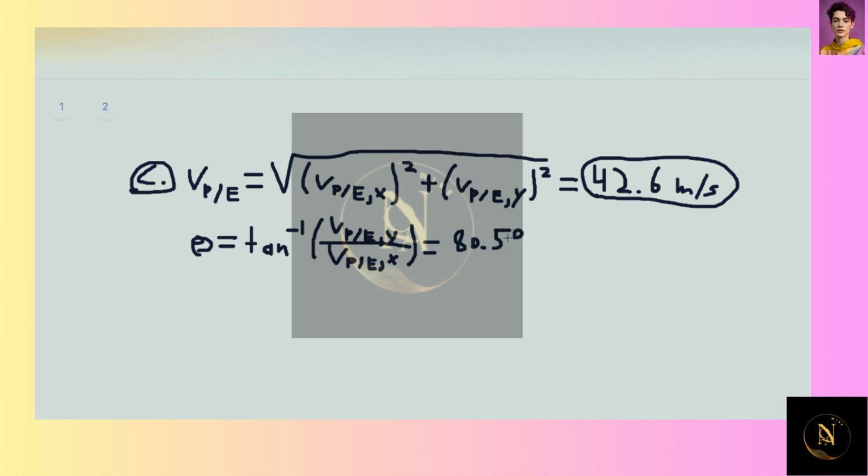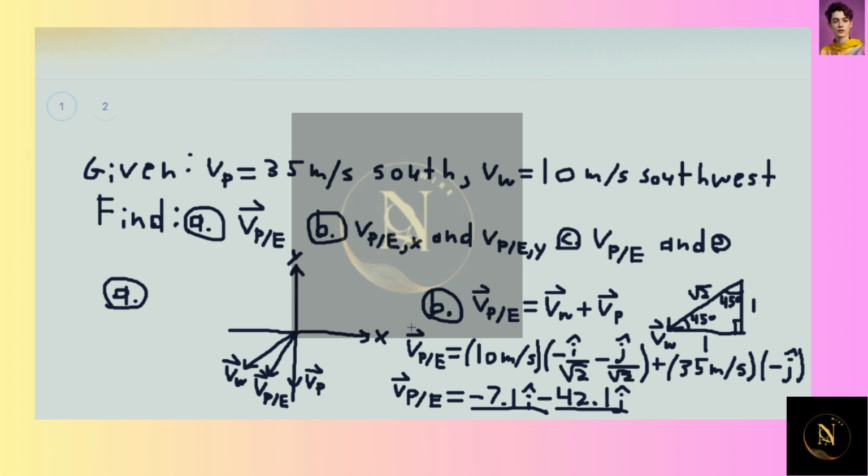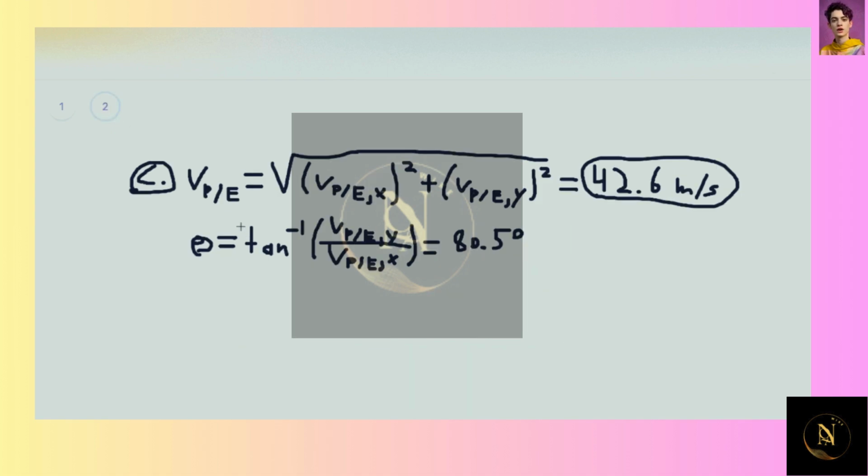Okay, so since we're in the third quadrant here, the angle that we're getting is going to be relative to the negative x-axis here. Okay, so this is going to be your angle. So we have an angle of 80.5 degrees relative to the negative x-axis.